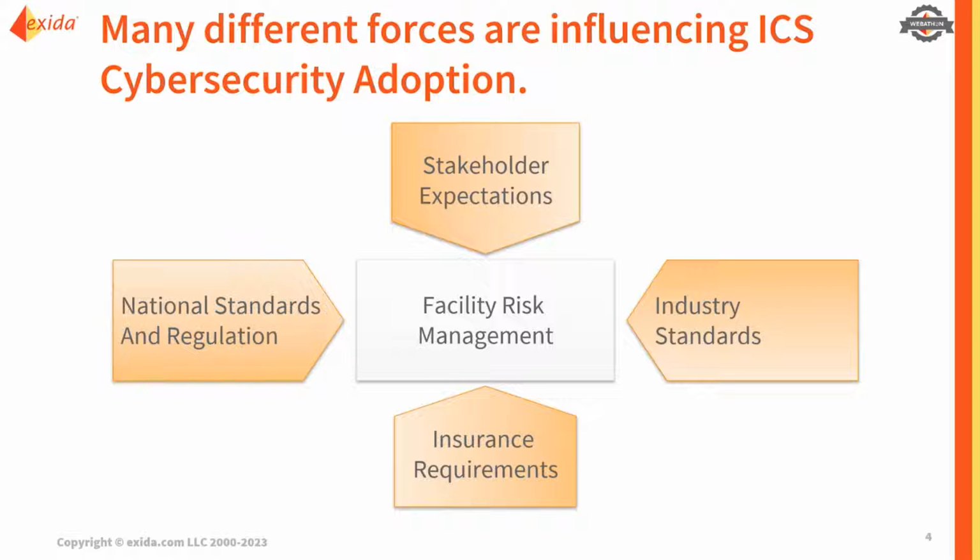So we're seeing that have a major impact on how companies are implementing cybersecurity. Certainly, that's not the only standard that's being looked at. There are a number of other best practices, such as the NIST Cybersecurity Framework or NIST 800-82, that are also playing a role in shaping this. But really, for industrial systems, we're seeing IEC 62443 be that gold standard.